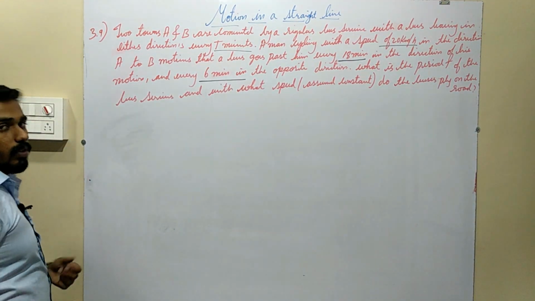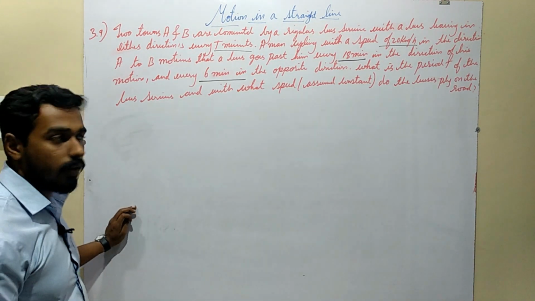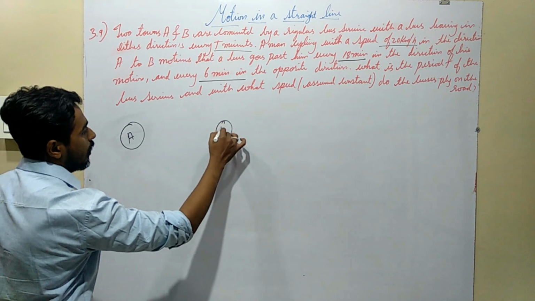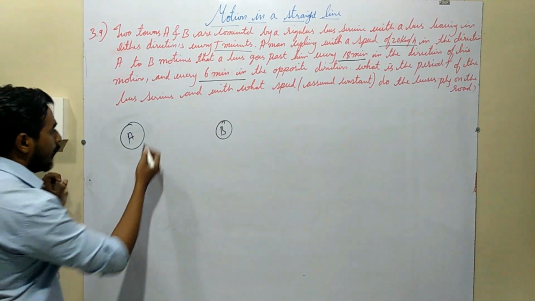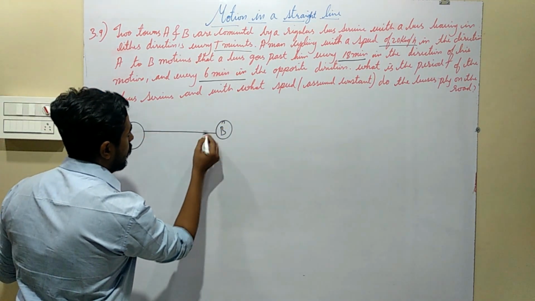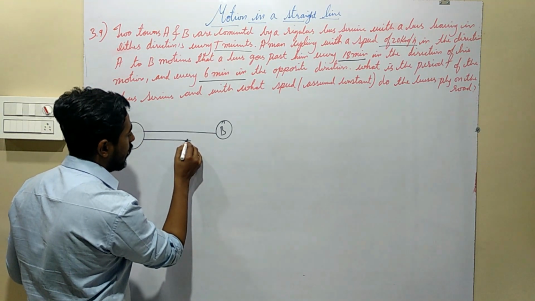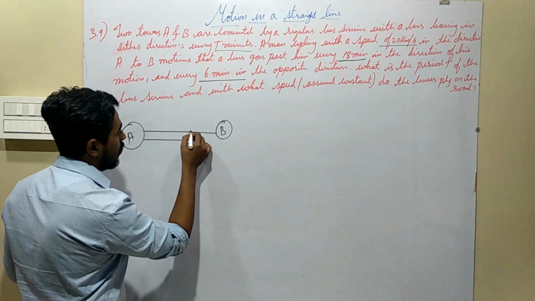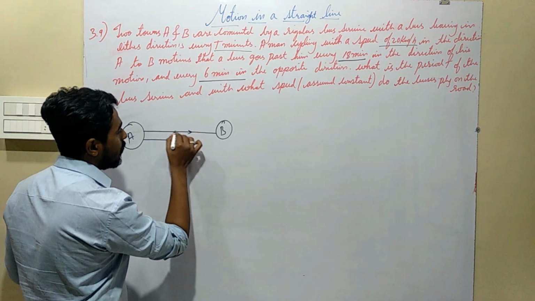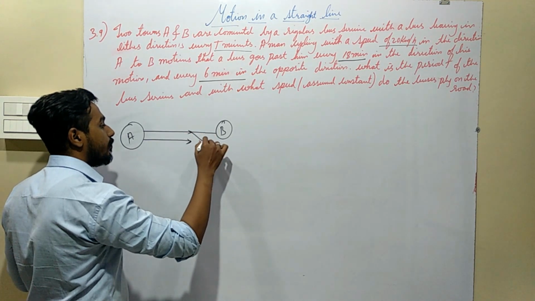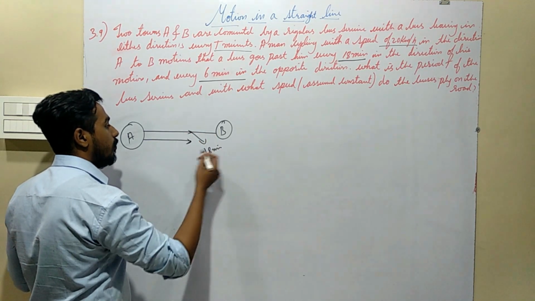So first let us take the analysis of this question. If I have two towns A and B, initially the bus is going and the cyclist is also moving in the same direction. So the bus is passing every 18 minutes.